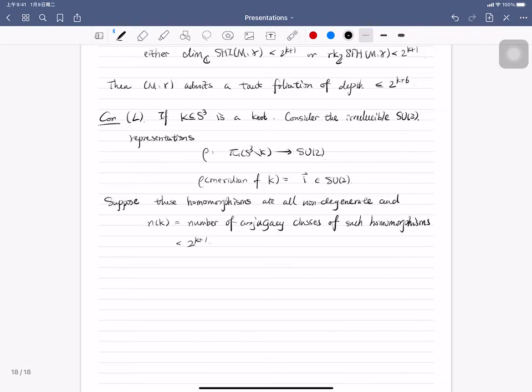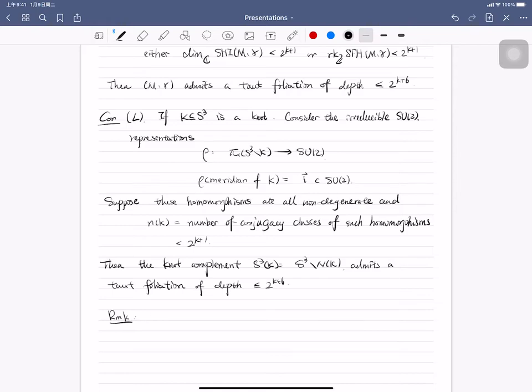Then the final conclusion is that the knot complement S3k, which is obtained from S3 by digging out the tubular neighborhood of the knot, admits a Taut foliation of depths at most 2 to the k plus 6.